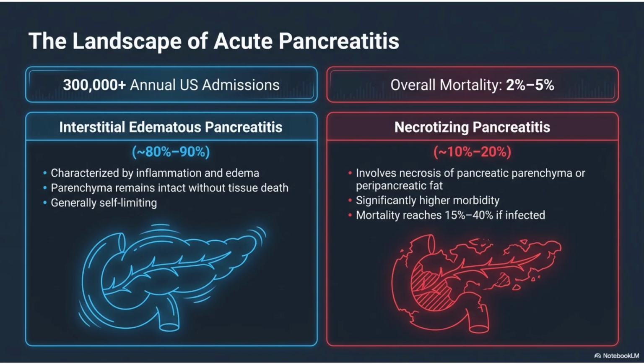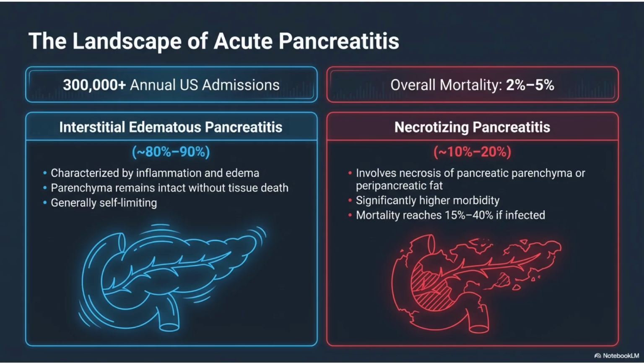Right now, over 300,000 annual US admissions are for acute pancreatitis. It starts off as a simple diagnosis involving simple treatment, but sometimes it can turn into a high mortality condition, which is going to be the complications of the initial pancreatitis.